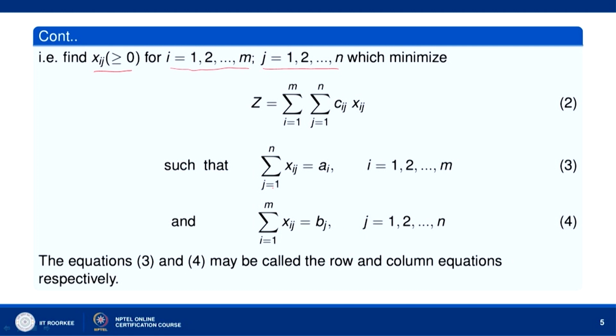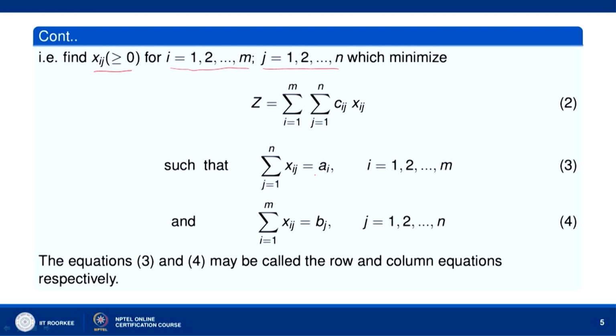So, the total sum of x_ij, j equal to 1 to n, should be equal to A_i, because at the ith source we have A_i units available with us. So, those A_i units are transported to the n destinations. So, the total of x_ij for j equal to 1 to n, for the ith source will be equal to A_i.